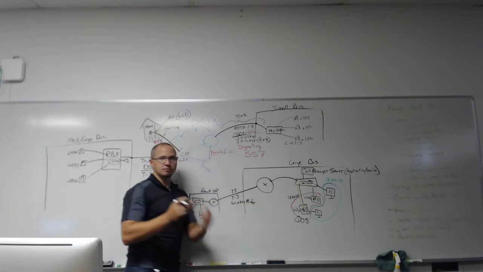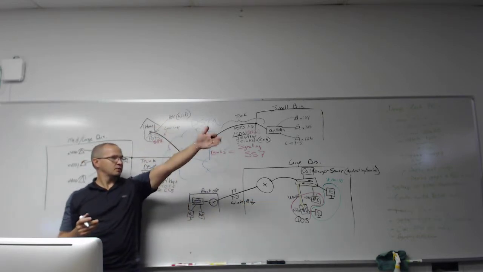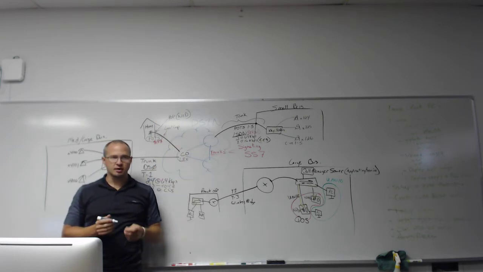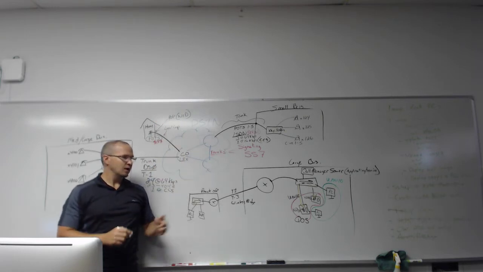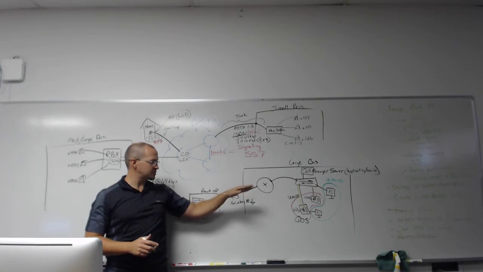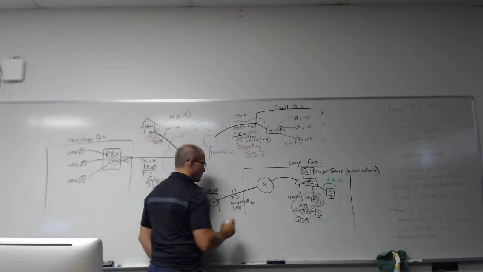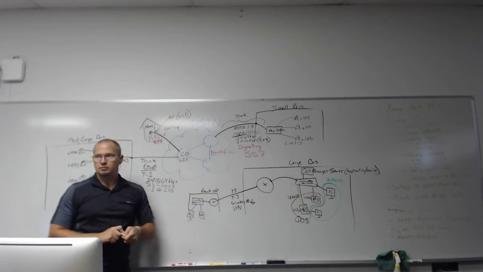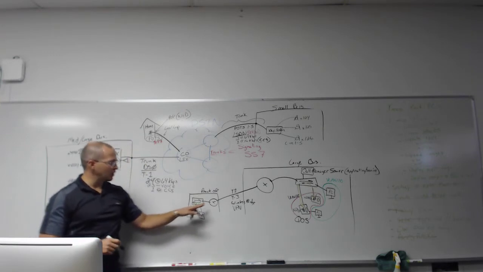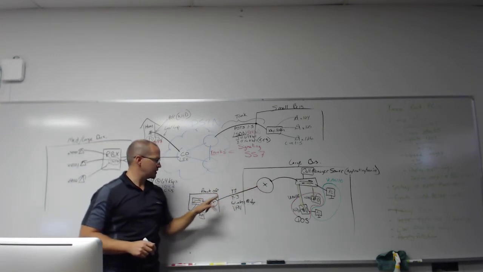If it's just here and 3 miles away, I could set up a little wireless bridge. Some sort of connection. This could even be a VPN, a virtual private network. All we're sending back and forth here is data.